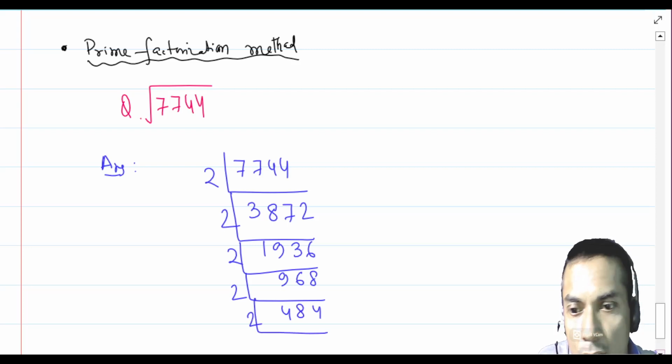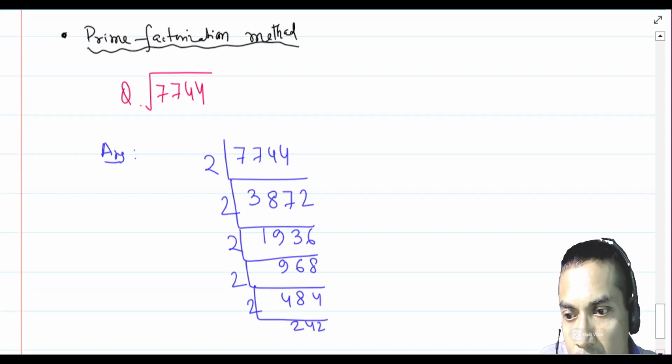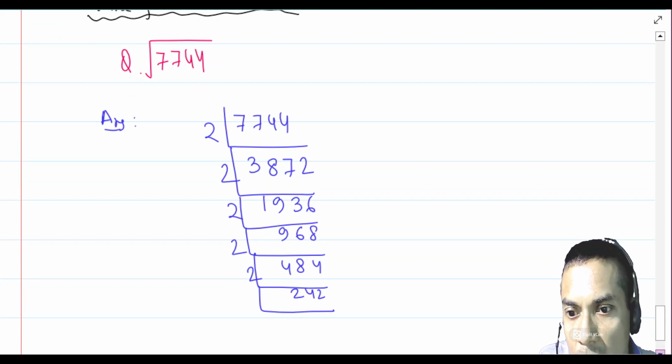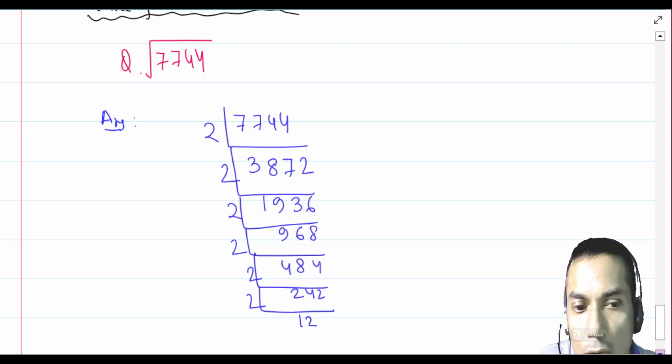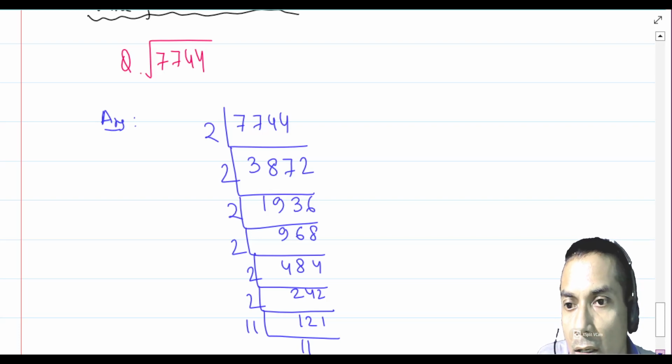Again it is 2, 242. Clear? Then again it is 2, 121. Now the last is 11, 11.